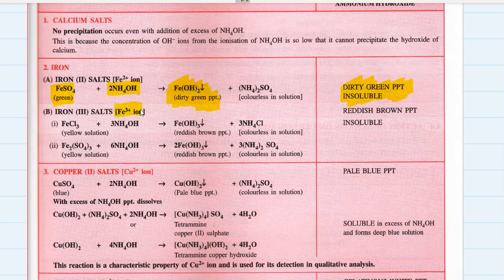Suppose you have ferric salt, iron 3 salts, like yellow colored ferric chloride solution, and you add your reagent, you will get a reddish brown PPT just like before, also insoluble in excess of ammonium hydroxide. If you have yellow ferric sulfate solution and add ammonium hydroxide, again you get a reddish brown PPT, insoluble in excess of alkali.